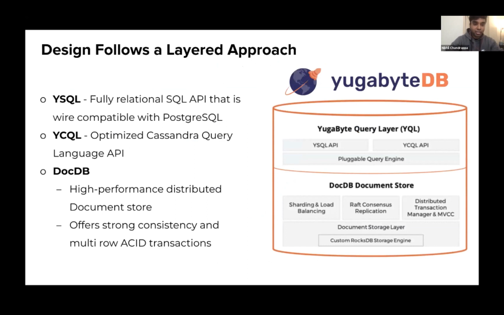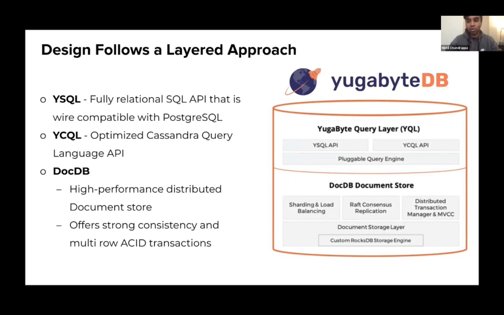These are a few terminologies we need to know as app developers when we start working with YugabyteDB. Yugabyte follows a layered approach, providing multiple APIs in a layered fashion. Right now, we have support for a relational SQL-based API, which we call YSQL, as well as a NoSQL-based API.